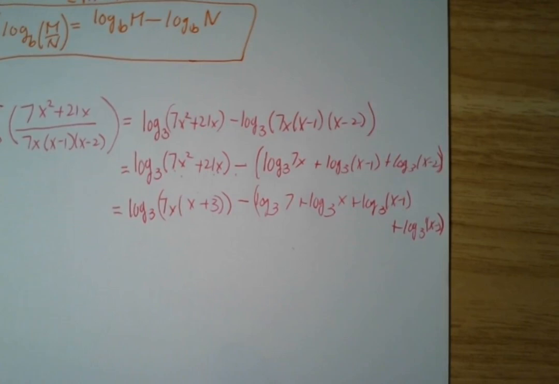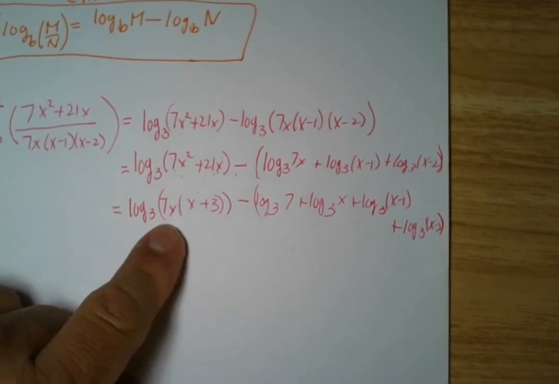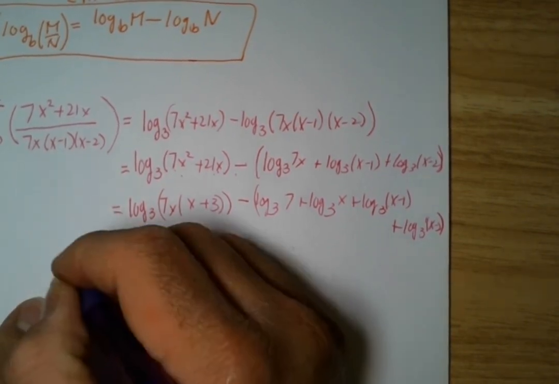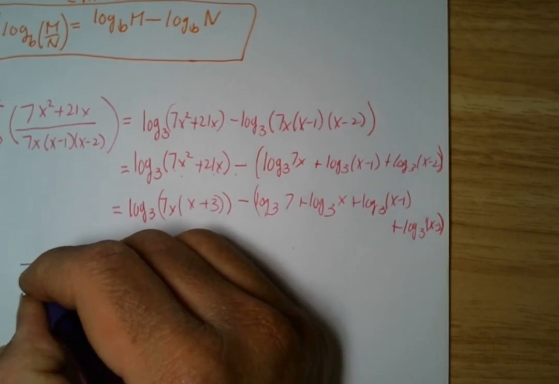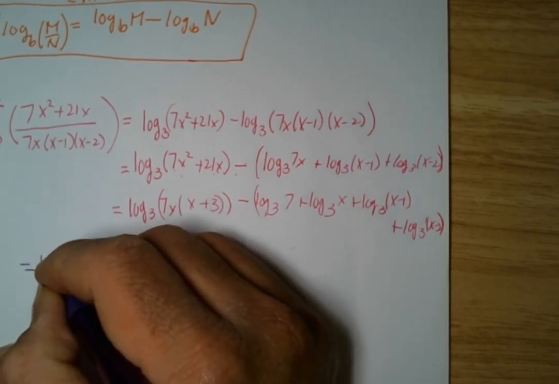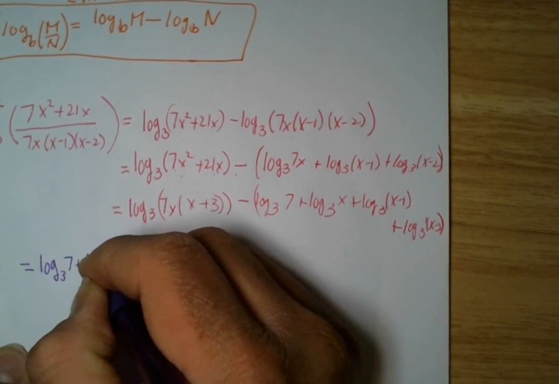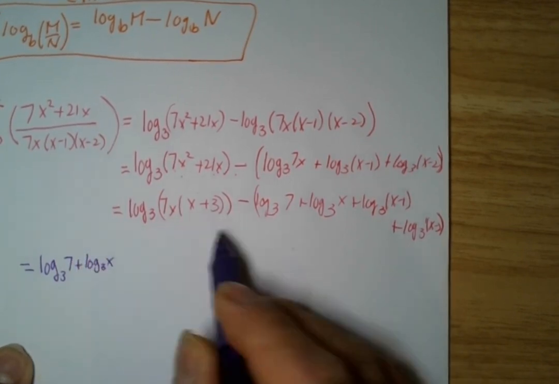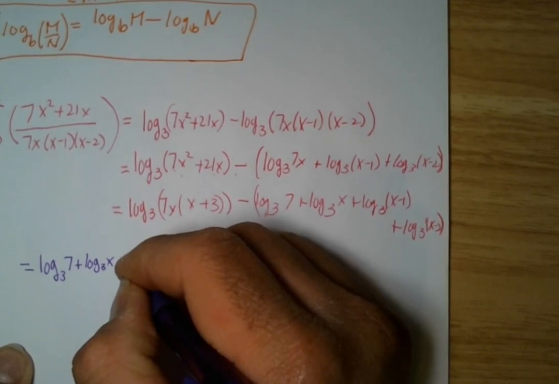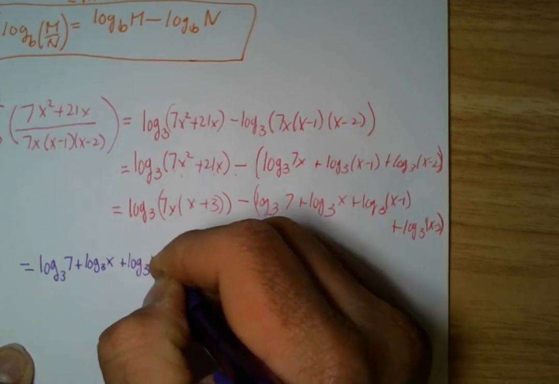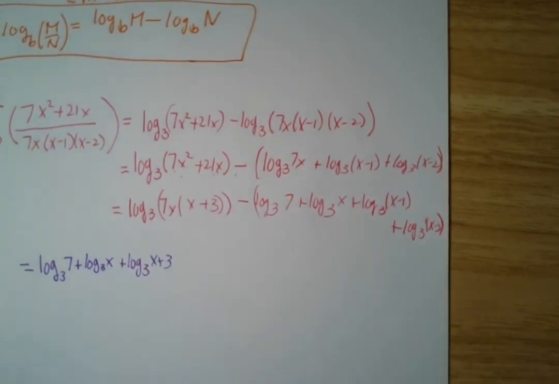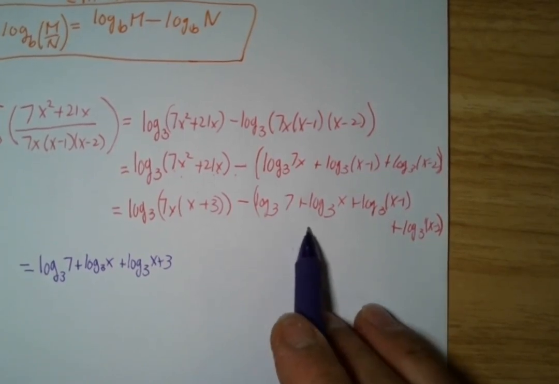All right, so let me expand this here, and let me do the 7x all at one time. I'm going to give myself a little more room here. So I'm going to start out here. Log base 3 of 7 plus log base 3 of x, and then this whole term, log base 3 of x plus 3. All right, and I'm going to rewrite this without the big parentheses here.